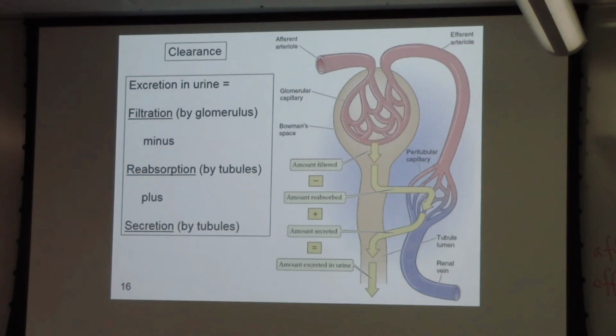Clearance is a process by which things are cleared from the body. And we have really two main ways of clearing things that we don't want from the body. There's renal clearance, and the material gets cleared out in urine.